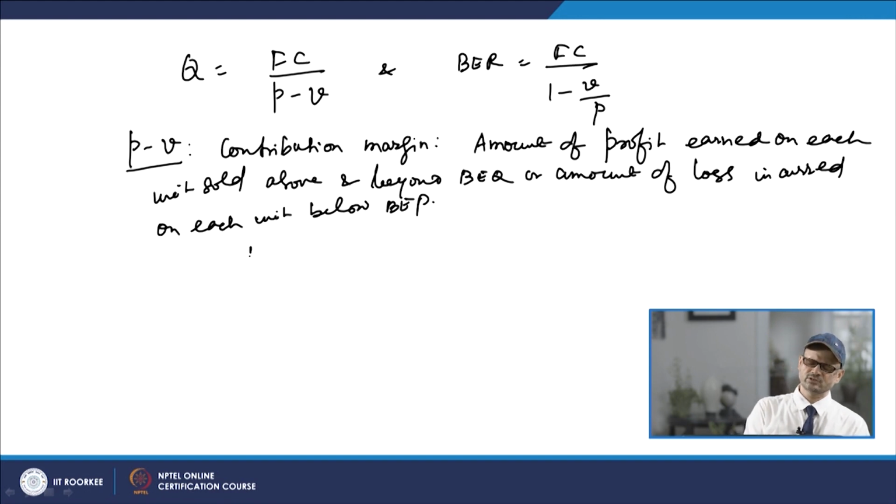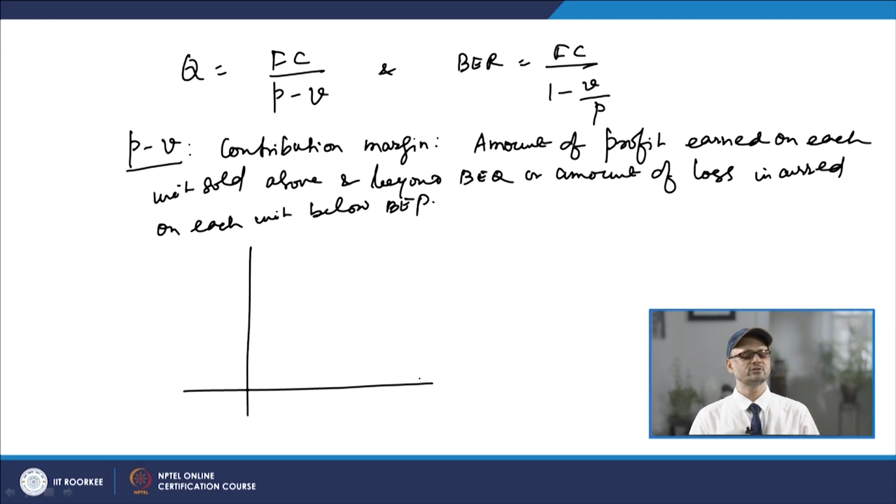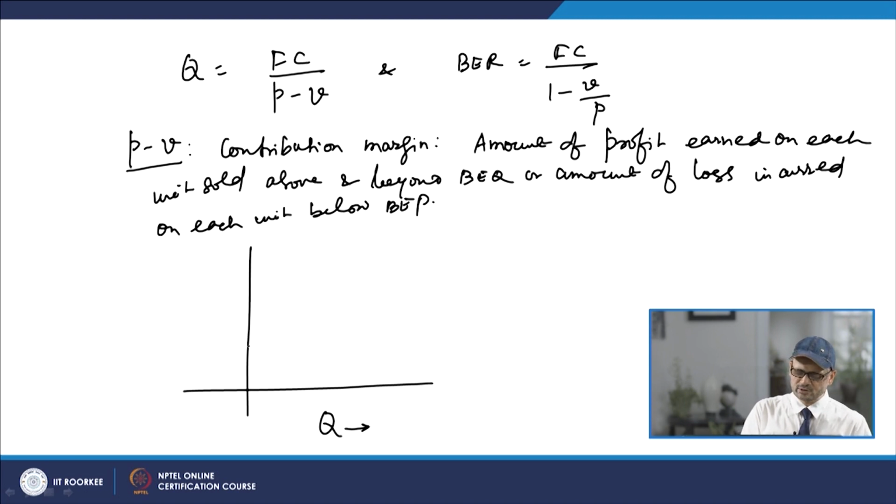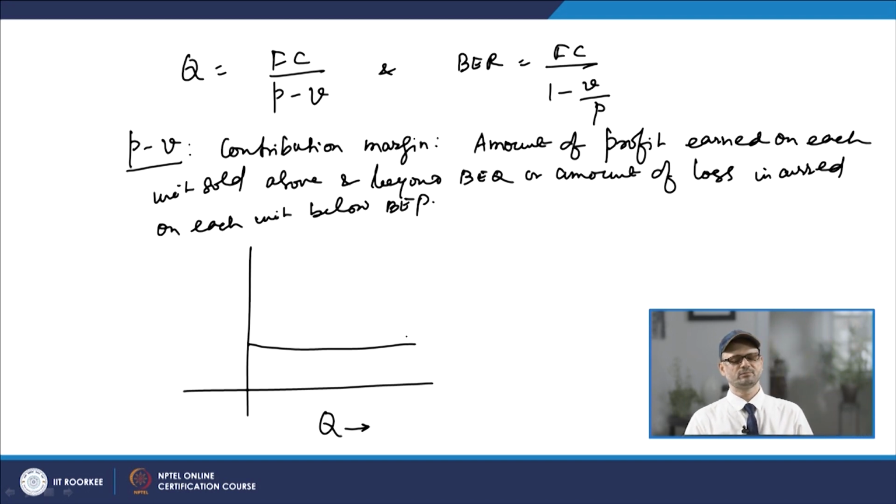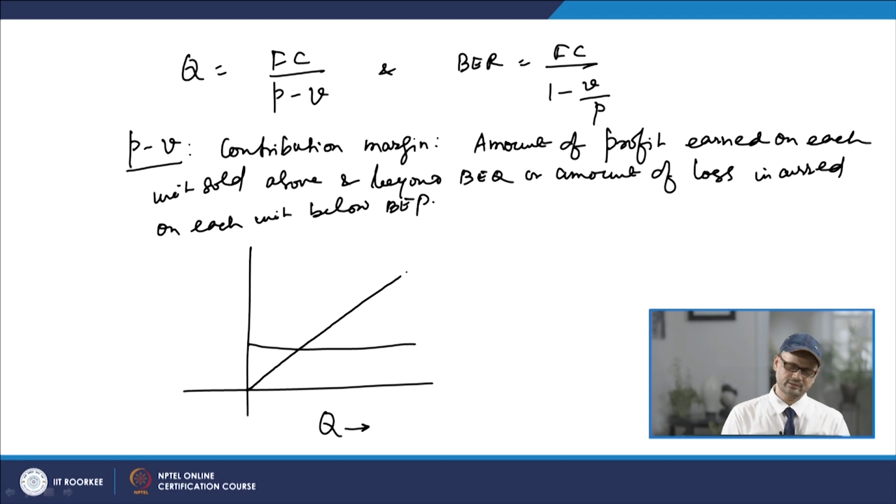Graphically also you can see how these break even quantities are defined. See, in the normal case, this is the quantity of production. So, your fixed cost will be a fixed quantity, and your variable cost will be going on, so you will have a variable quantity like this.